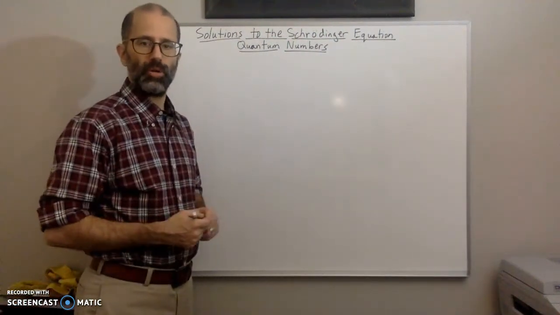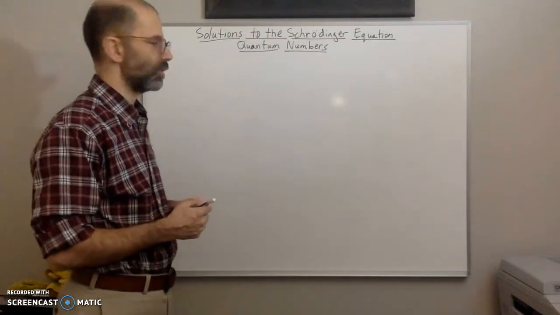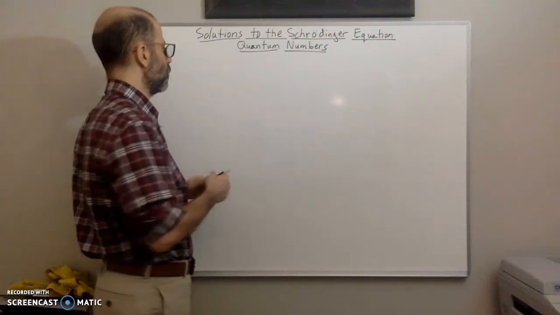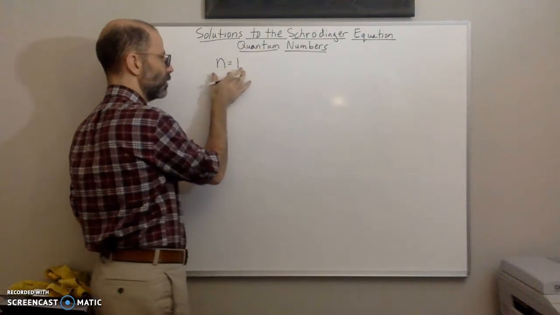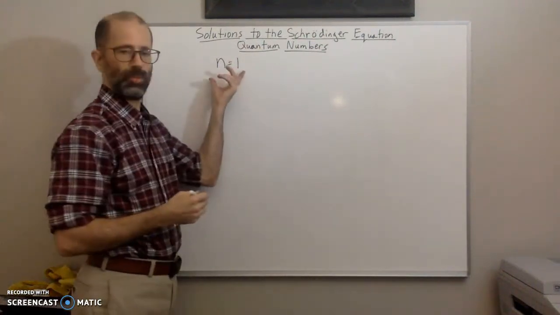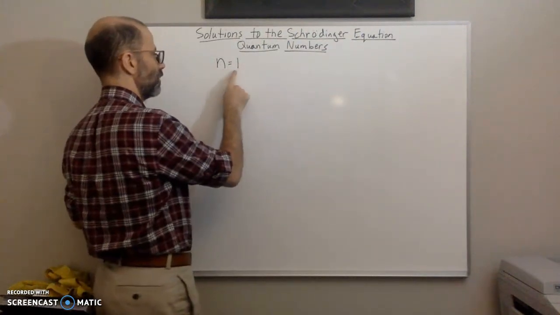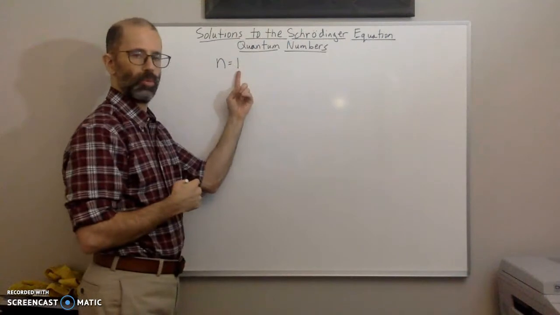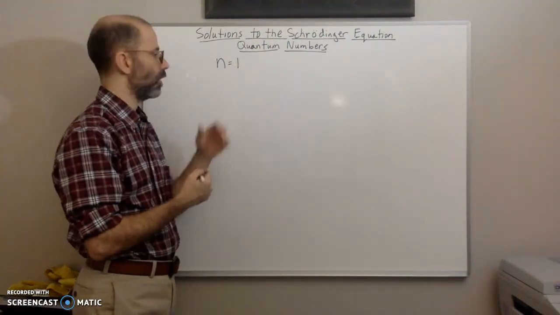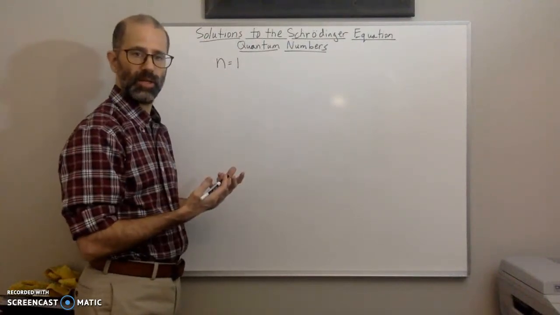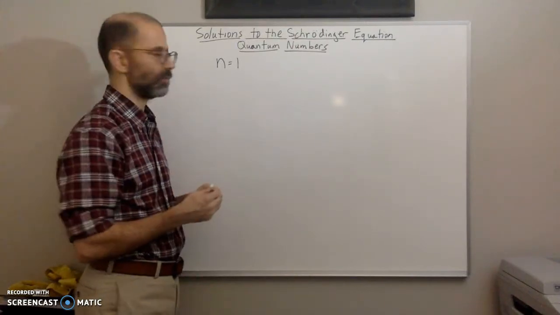So let me do an example to explain this. Let me show you how these are all related to each other by several examples. Let's start with n equals 1. So let's say we're at principal energy level number 1. The 1 is the number given to your n value. So what are the L values that come from that, your angular momentum quantum numbers?